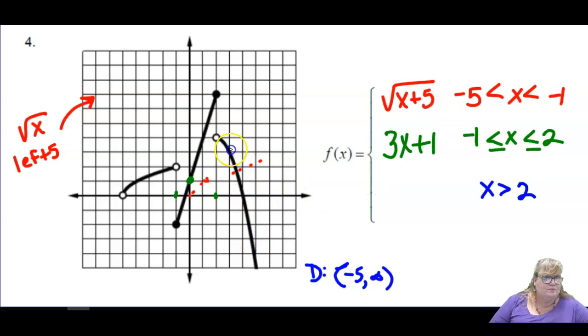This last one is a piece of a parabola that opens down. So we have a negative and an x squared, but the vertex looks to be right here at 2, 4.